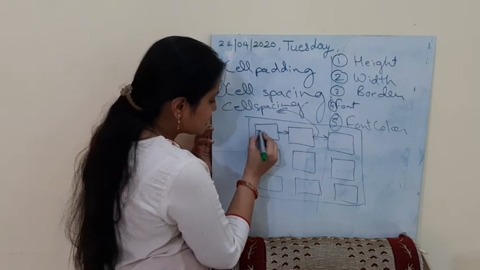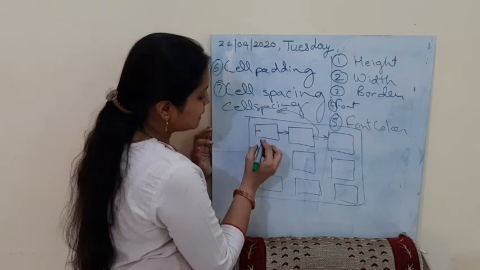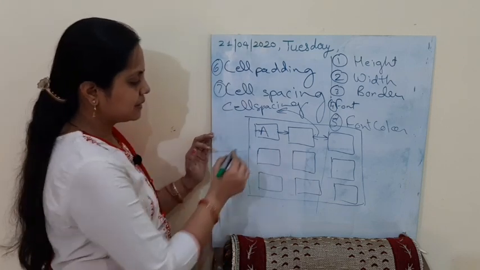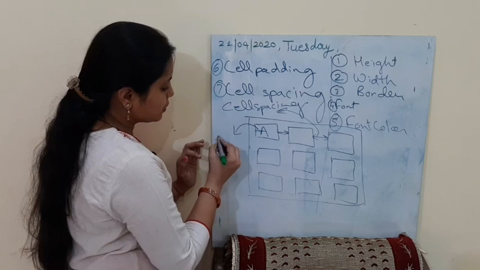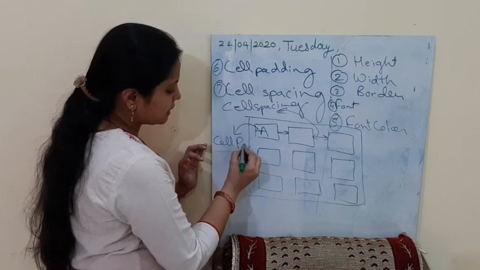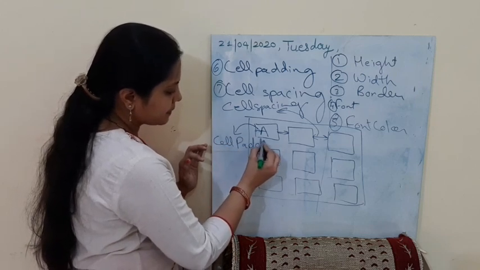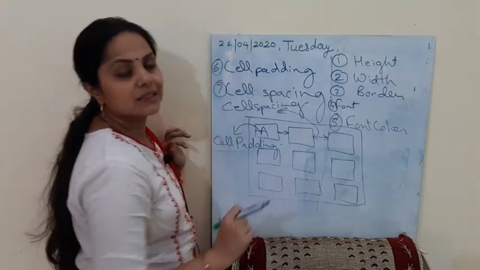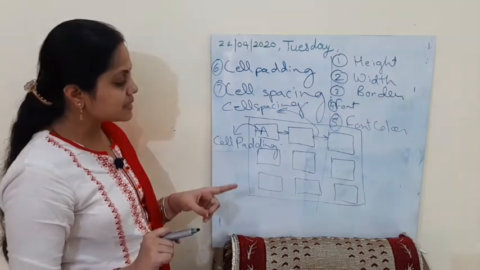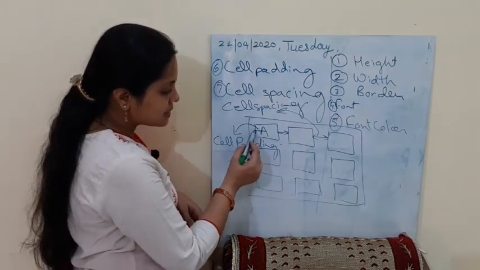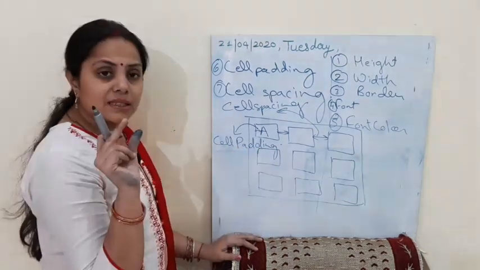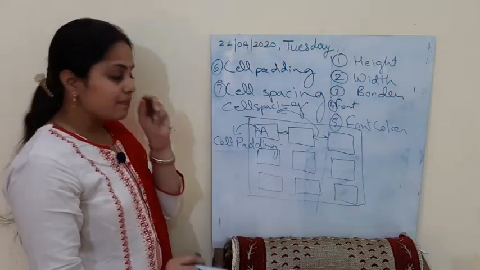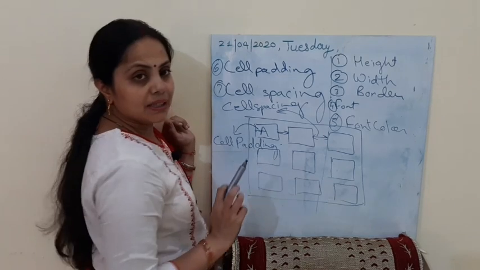And the distance that you leave inside the cell before writing the text is known as cell padding. The difference between two adjacent cells is cell spacing, and the distance between the inside of the cell and the text written is cell padding.